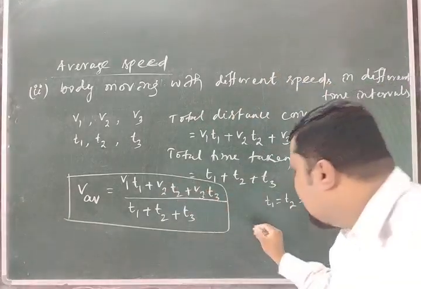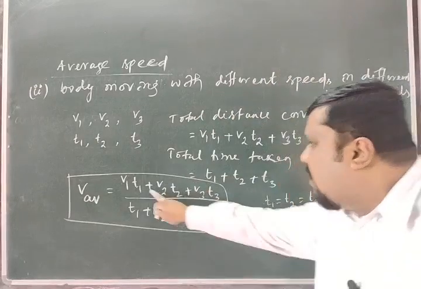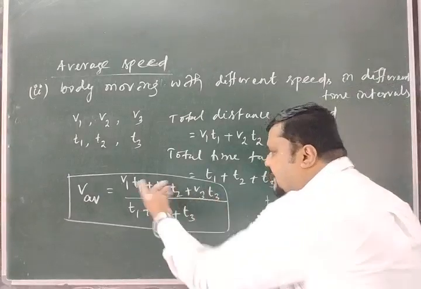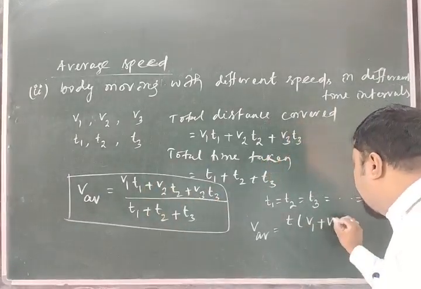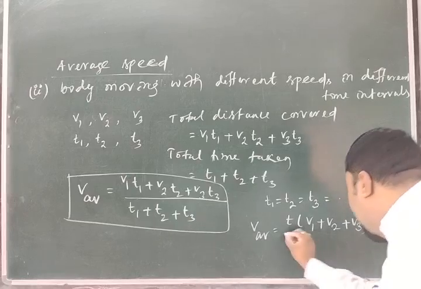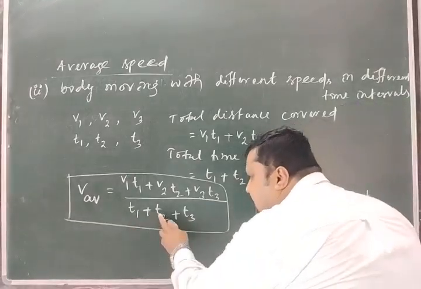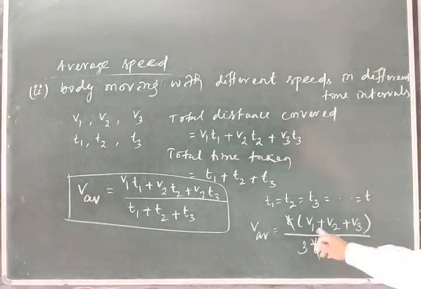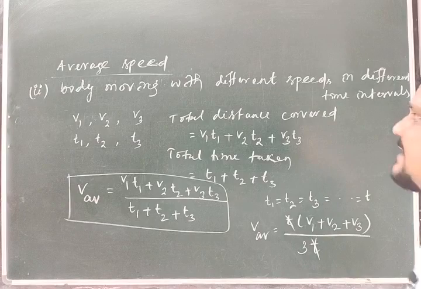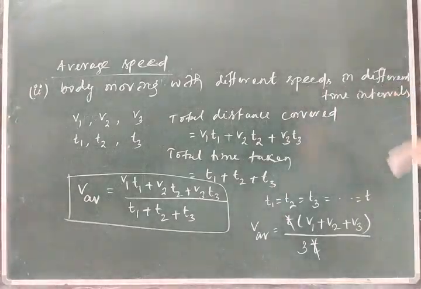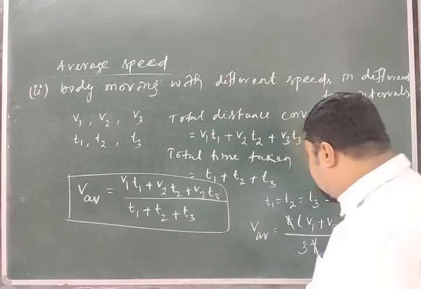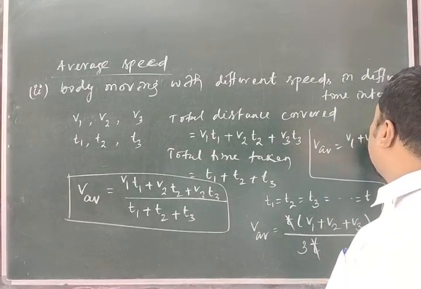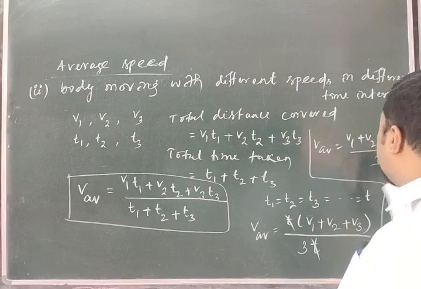In that case, V average equals T common from the numerator, so V1 plus V2 plus V3 divided by 3T. The T gets cancelled, so you get V1 plus V2 plus V3 by 3 for three cases.